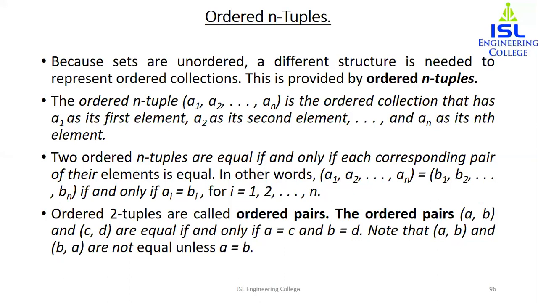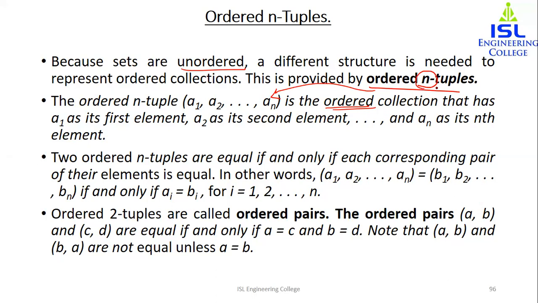The same points have been given over here. So this is ordered n-tuples. Ordered n-tuples are if we have n elements in a tuple, then a1, a2, and so on up to an is an ordered collection. The thing to be remembered is sets are usually unordered, but if we have some kind of ordering, then we say n-tuples.